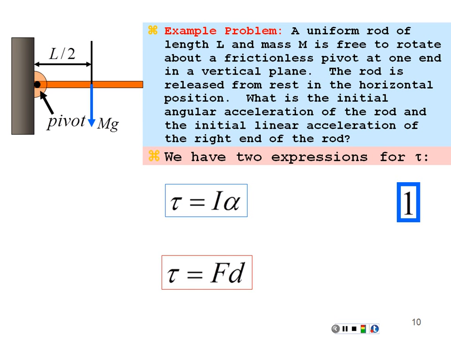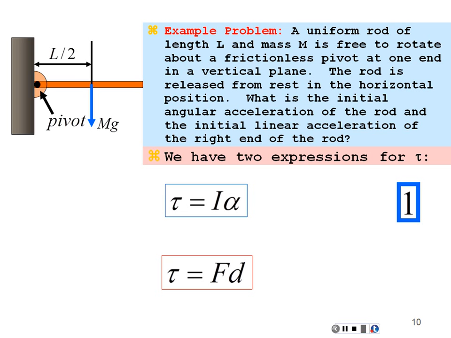In this case, our only external force is gravity, mg. And the moment arm for that, well, we're going to treat gravity as acting at the center of mass of this rod, which would be right in the center. So it's going to be this force, mg, times the moment arm of L divided by 2, because at the center of this rod, it is a distance L divided by 2 away from the pivot.